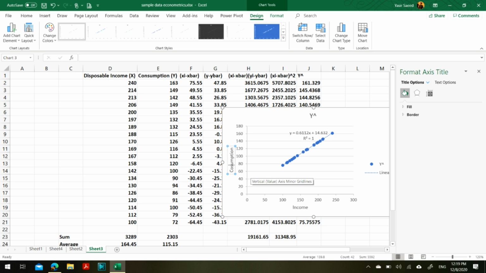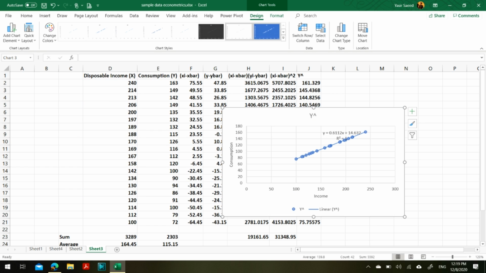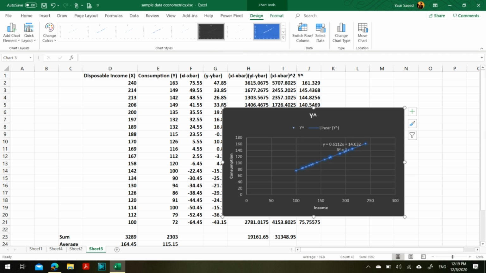So this is our estimated y hat, and this is our straight line equation, and I can use a number of formats if I want to, but I think this is good enough for me.